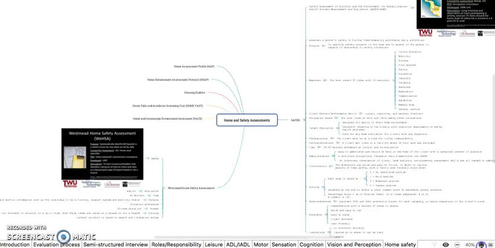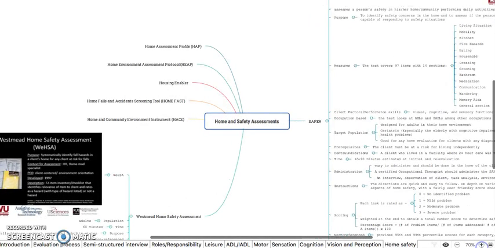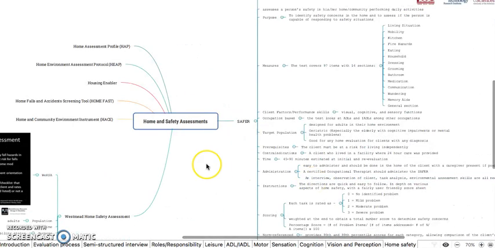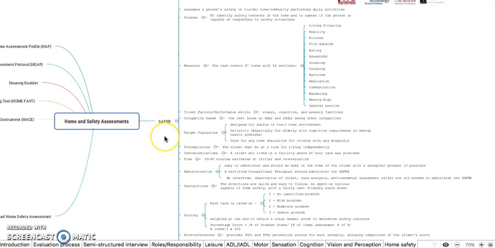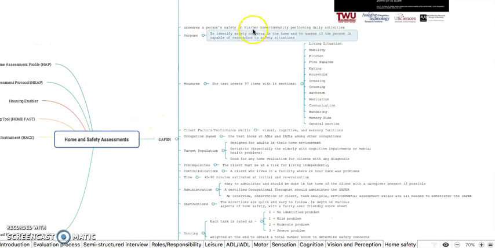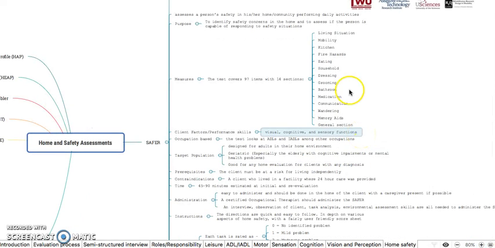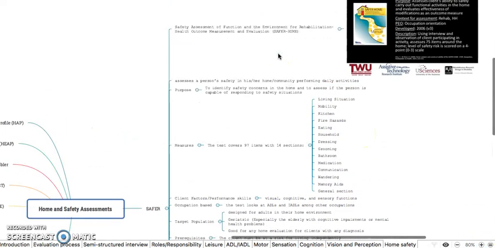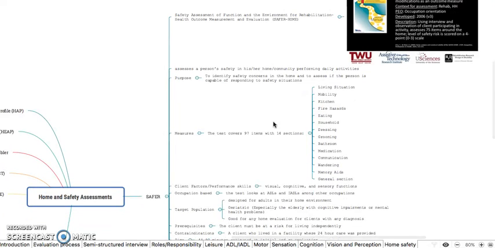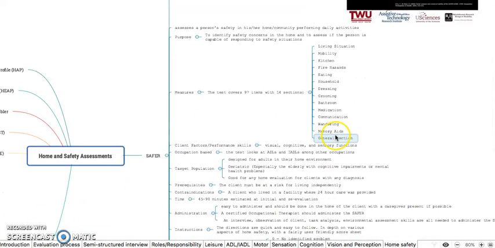And then lastly, home and safety assessments. The main one we covered in class was SAFER, and it assesses a person's safety in his or her home or community performing daily activities. So it identifies safety concerns in the home and then assesses if the person is capable of responding to safety situations.